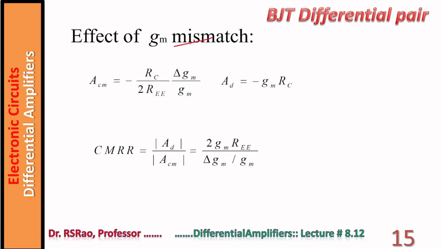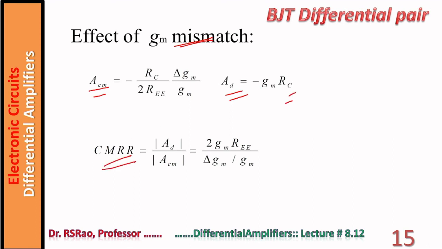When transistors are different, then what happens? Their GM values differ. When the difference in the GM values is delta GM, then it can be shown that ACM, the common mode gain, is minus RC by 2 REE times delta GM by GM. Differential gain, already found, is equal to minus GMRC.